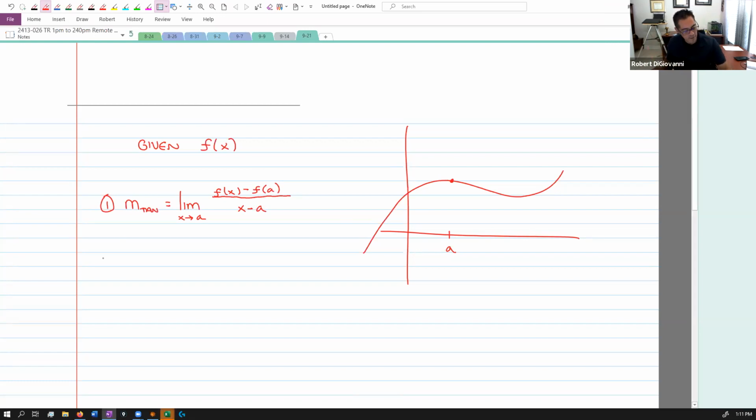Once we had that, the next thing we could do is find the equation of the tangent line through that point.